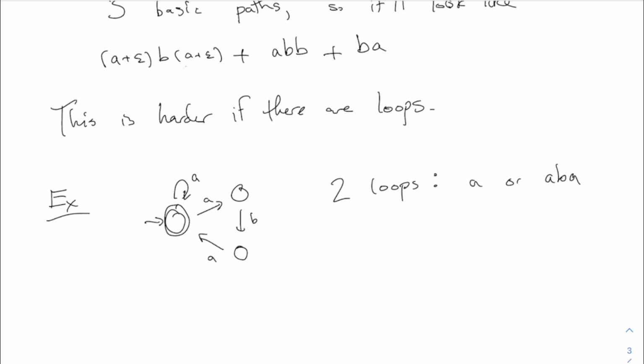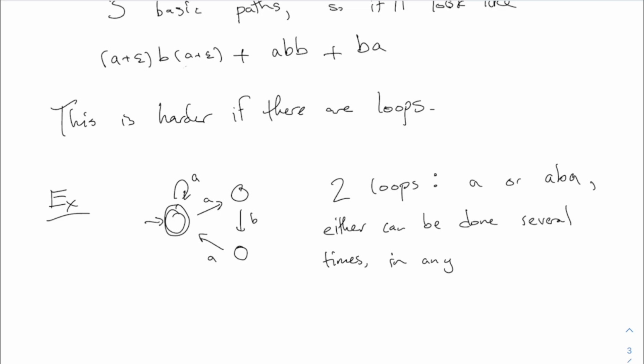And in order to end up at the starting state, it's basically like A star or ABA star, but actually you can interchange, you can do one and then the other. You could do A first, then ABA, and then A again. You could do ABA three more times. The proper way to do this is A or ABA, and then either can be done several times in any order.